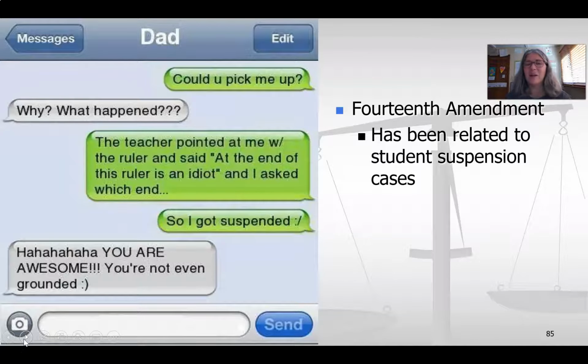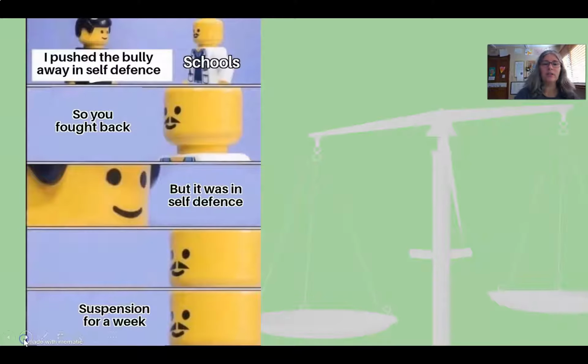And I thought I would add this little meme just because, well, it's kind of funny and a little lighthearted on a serious topic. Also with suspensions, there's controversy regarding why students get suspended. So this little meme over here is looking at zero tolerance. A lot of schools that have zero tolerance policies can suspend you even if you're not really the one at fault.